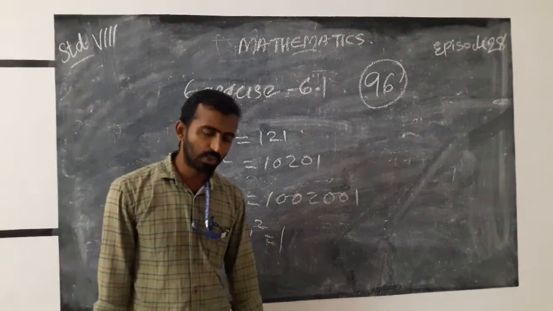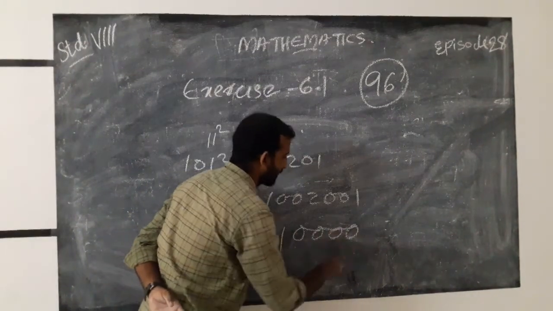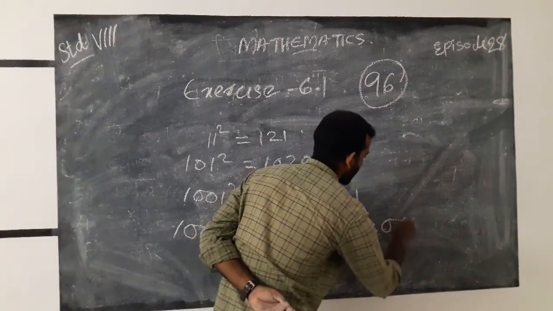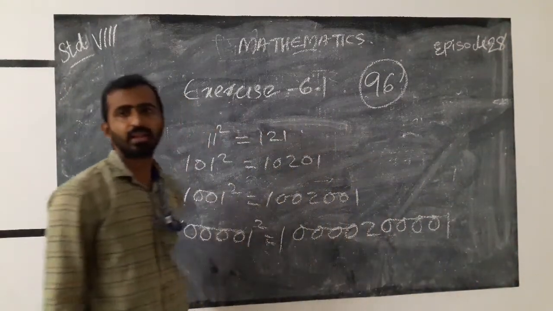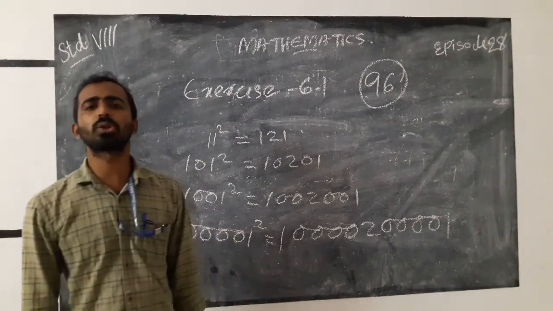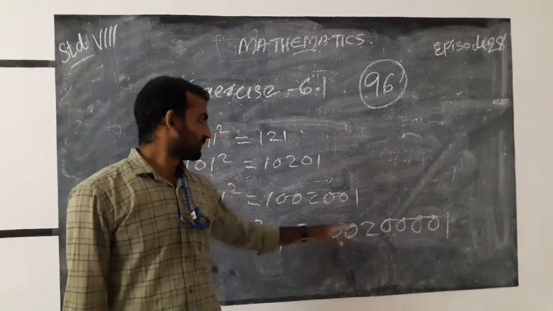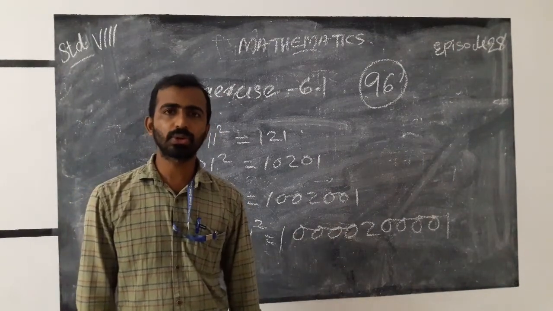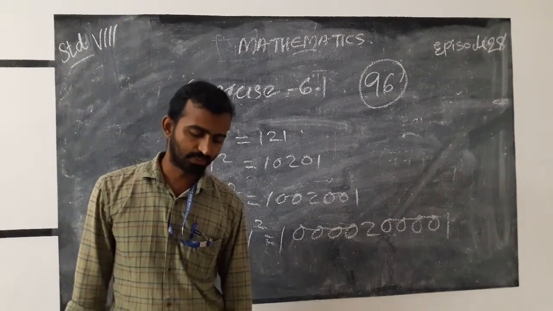We get 100002 0001. That is, these numbers are the same: 10000 and 20001. That is, 4 times we write 0.